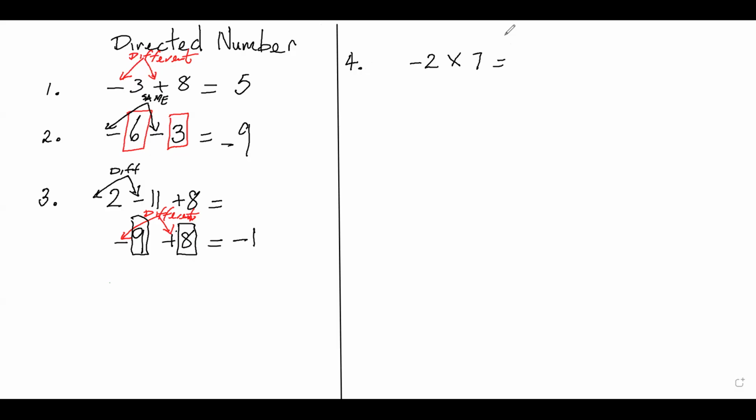Negative 2 times 7. Now you're not using any negative because the signs are, which one is bigger?